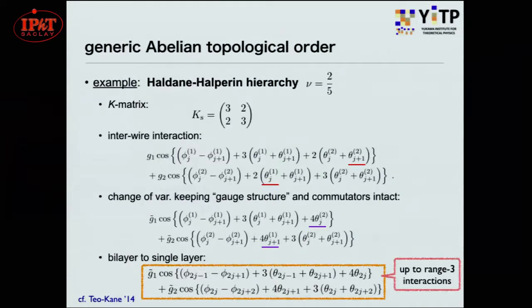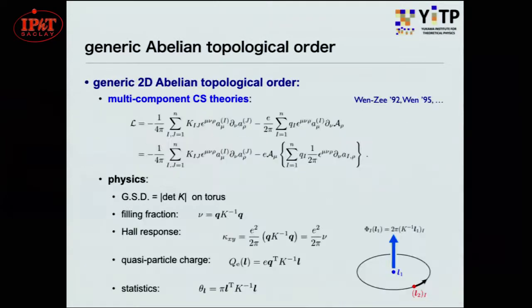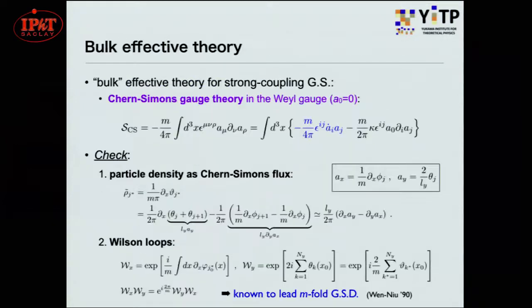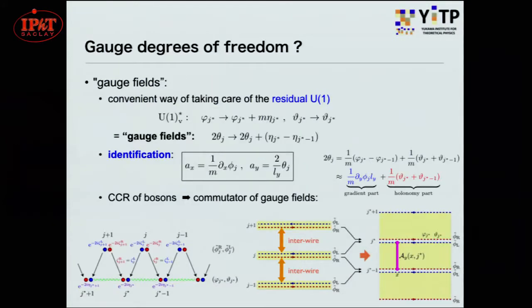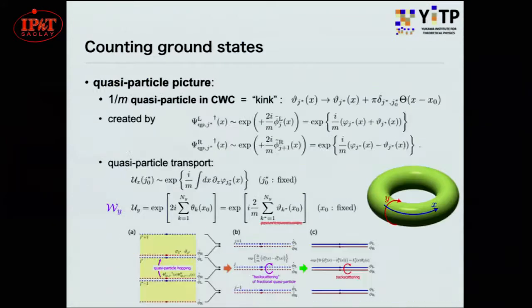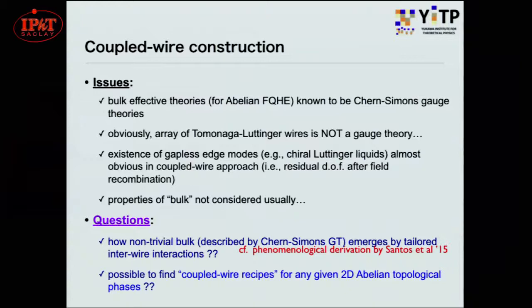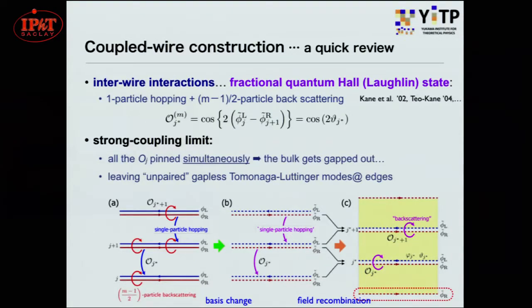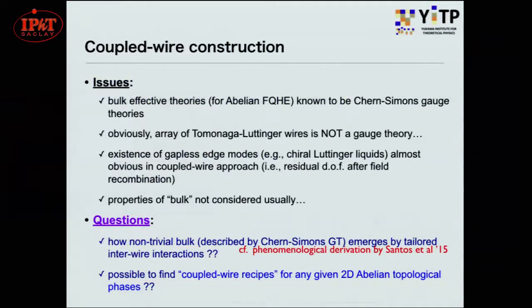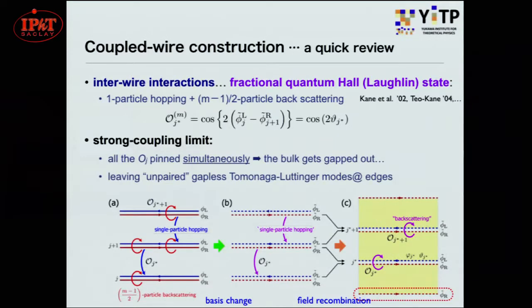For the Laughlin state, it's very simple. We have some cosine of phi minus phi plus m times theta plus theta or something.